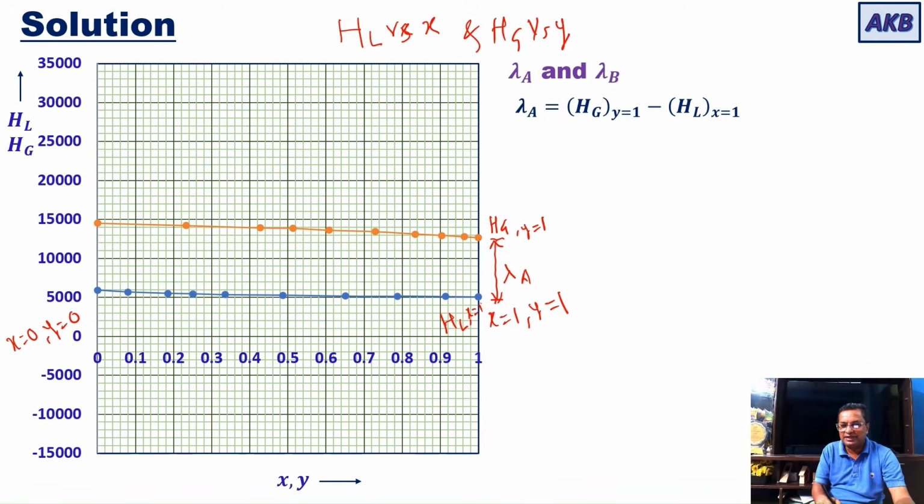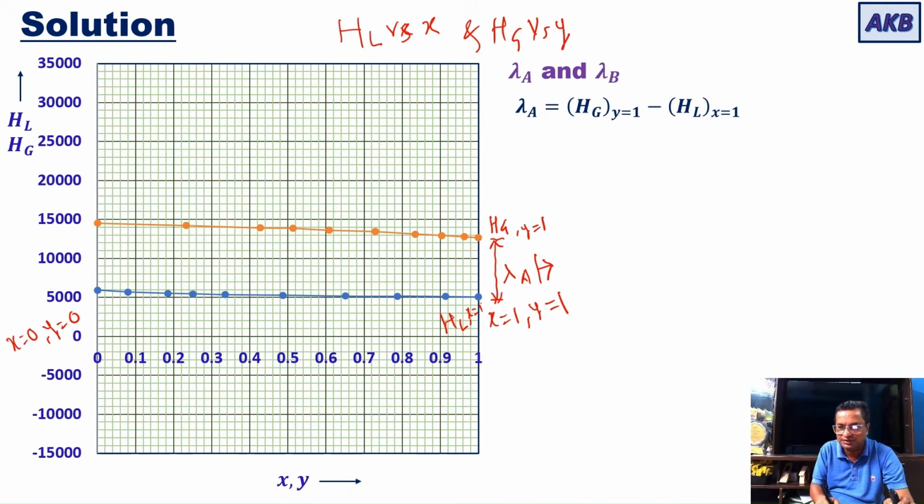So Hg minus HL, the enthalpy of saturated vapor minus the enthalpy of saturated liquid, is nothing but the molar latent heat of vaporization of that component. Which component in this case? It is A.